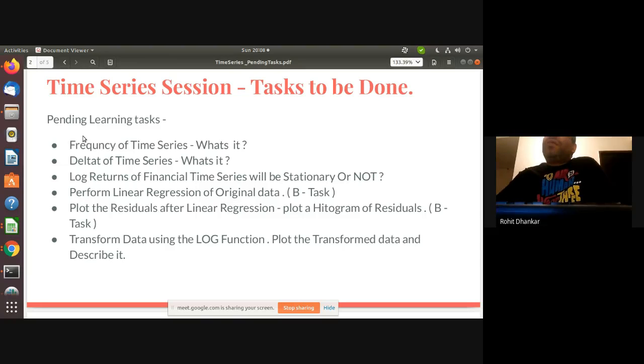In certain cases, there will be irregular time intervals. I might give you the first measurement for the 1st of January, the next measurement for 12th of January, the next for maybe 25th of Feb, and things like that. So it is not necessarily always that you will have the same kind of frequency. So I've answered my first question. The frequency will not.